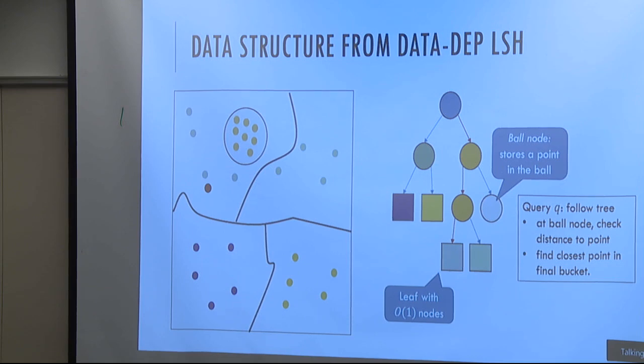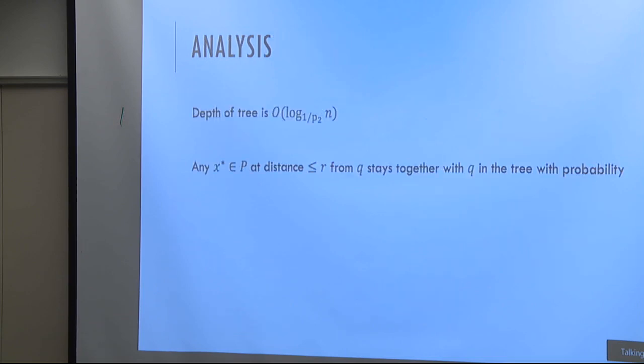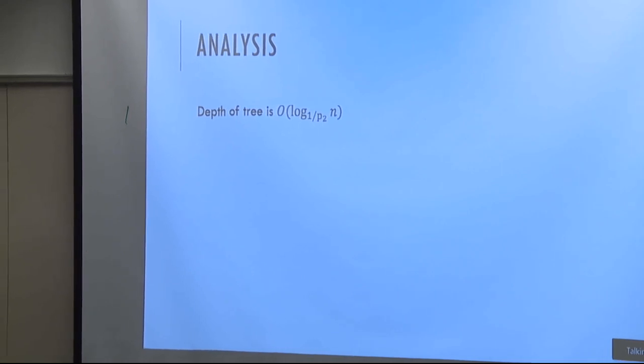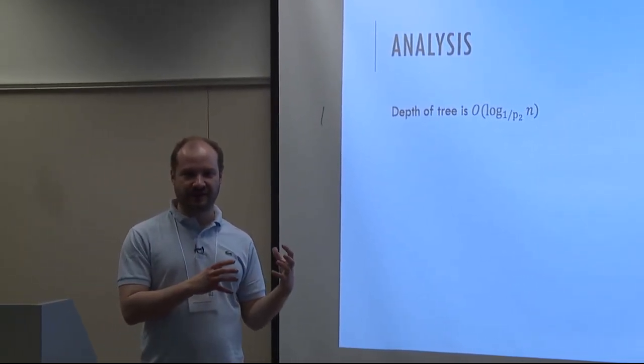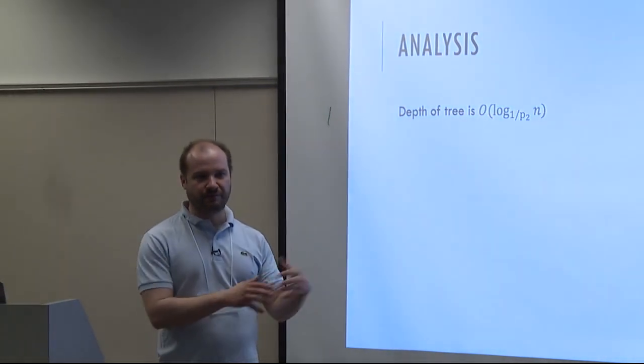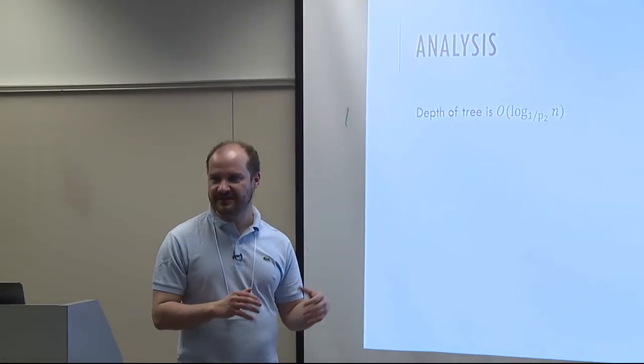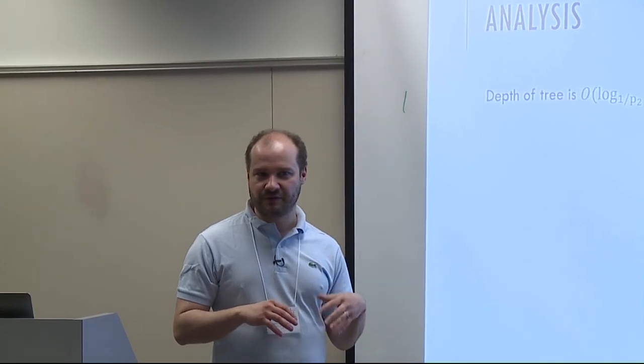And the idea for why this works, and this is where I'll stop, is okay. So the ball nodes are not a problem. They contain about half the remaining points. So I can carve out ball nodes only log many times. I don't have to worry about them.